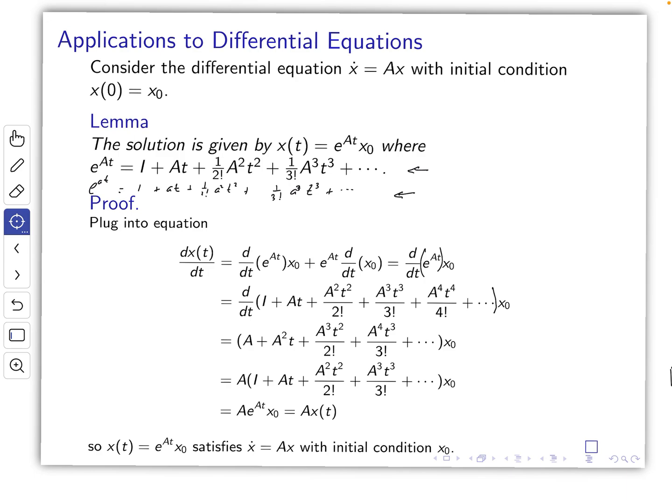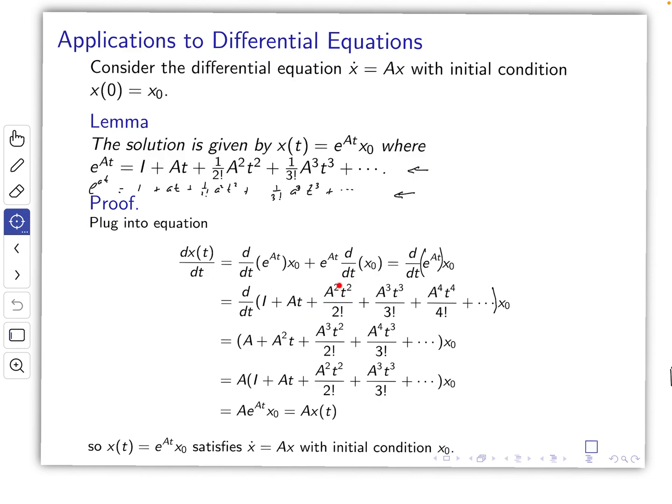Now when I differentiate each of these terms, it's just a matrix, so what we mean by the derivative of a matrix is we're just going to take a derivative of every element of that matrix. So the derivative of the identity with respect to t, there's no t in here, so we get 0. Now the derivative of at: t is a scalar, a pulls out, so the derivative of at is just going to be a.